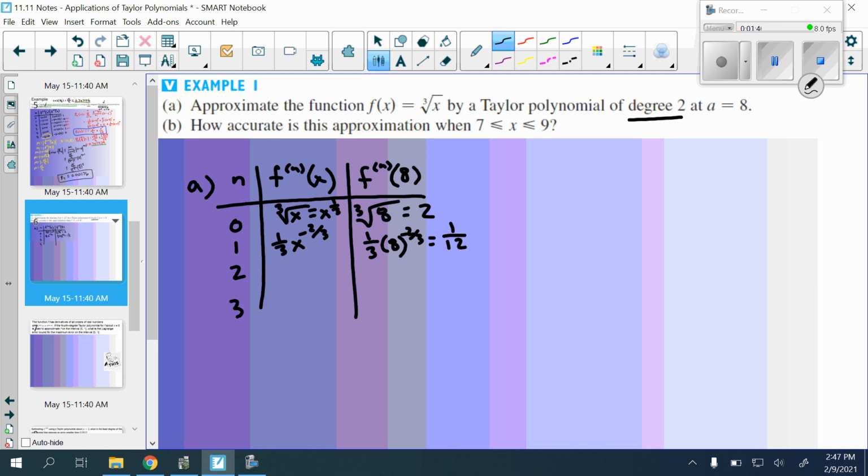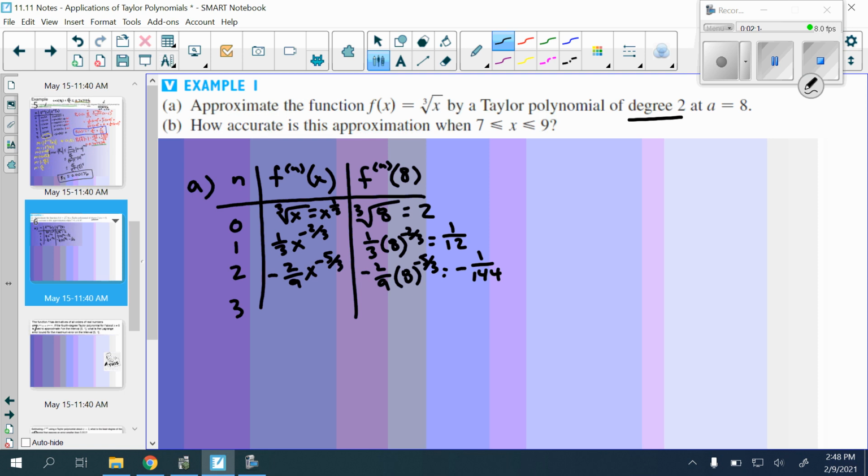All right, next one, again, bring down the power. So now we got negative 2/9 when you multiply negative 2/3 and 1/3. X, and the new power would be negative 5/3, because we got a minus 3/3 from 2/3 to get that. So now we got to plug 8 in there and find out what that one equals. And in this one, if you do that one and use your fraction key, you should get negative 1/144 is that value.